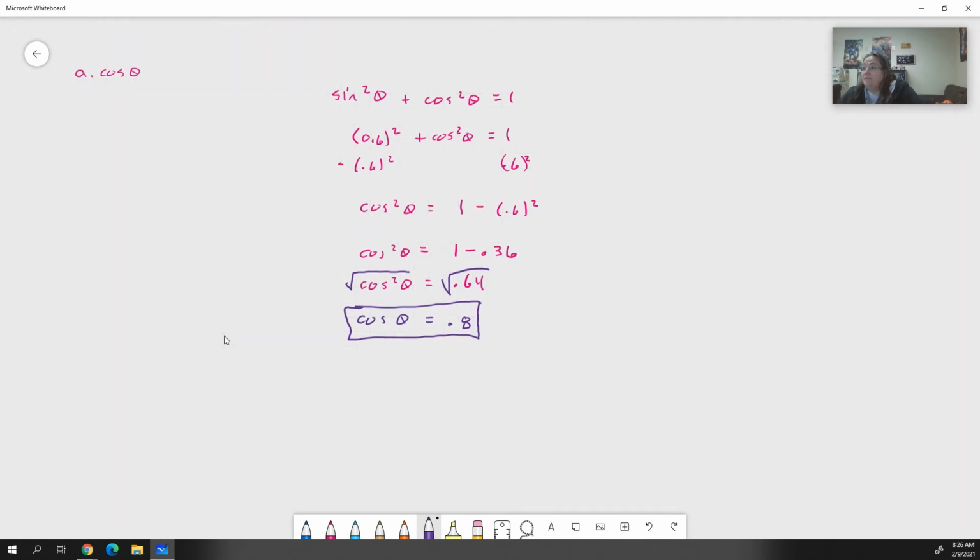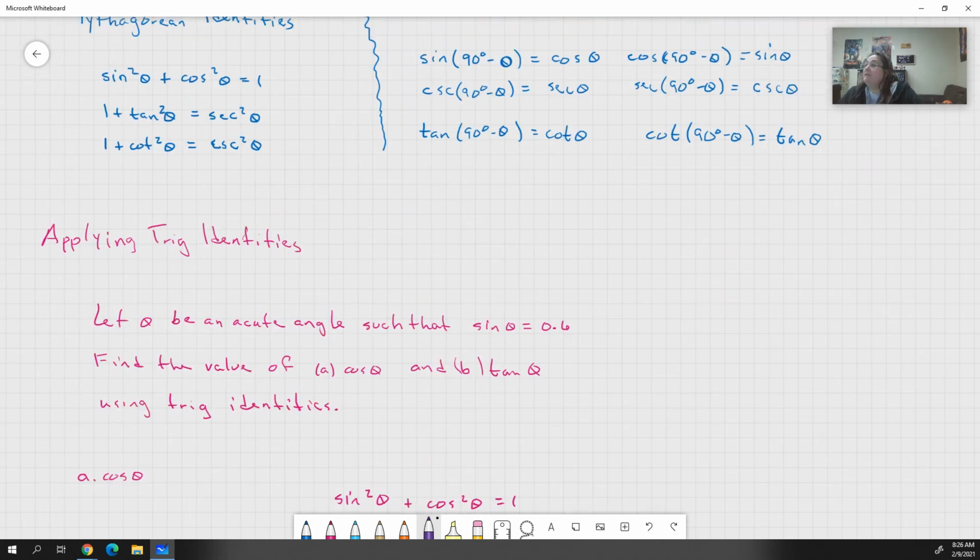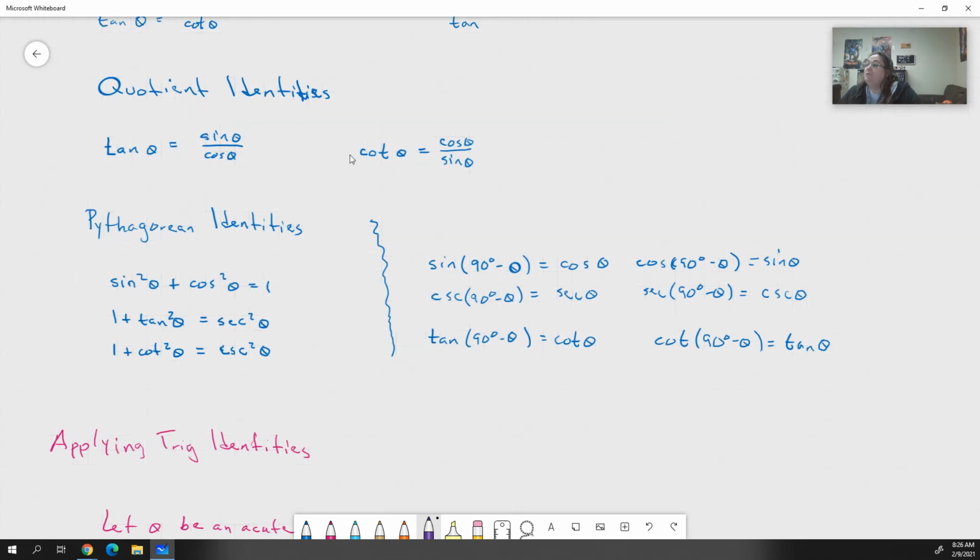But we also have to find tangent, right? We need to know what tangent of theta is. But what do we know about tangent of theta? What I know about tangent of theta is that it is just equal to sine over cosine. I'm looking for tangent. I have sine and cosine, right?